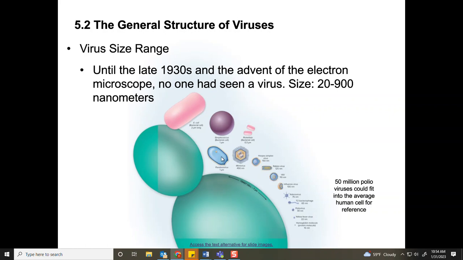Here we have one of the larger viruses, and they get smaller and smaller until you get all the way down to the bottom here. And here's something of interest to give you an idea of how small this is: 50 million polioviruses, that's this one here, could fit into the average human cell. So very, very tiny.